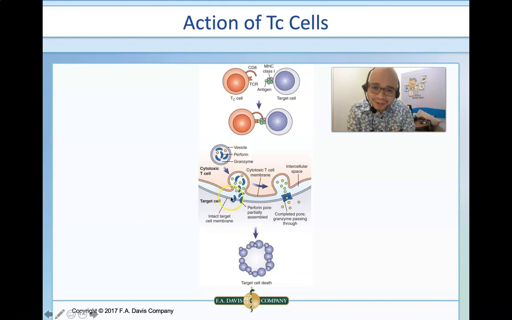What is the purpose of perforin? The perforin will create hole in the target cell. And once hole is created, granzyme will pass through, causing the alveolar cell to die. Okay, so that's the action of the cytotoxic T cell. So the perforin granzyme system is the one that is produced by CD8 cytotoxic T cells.